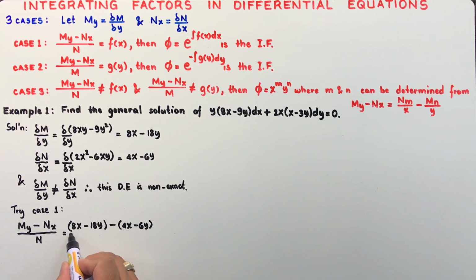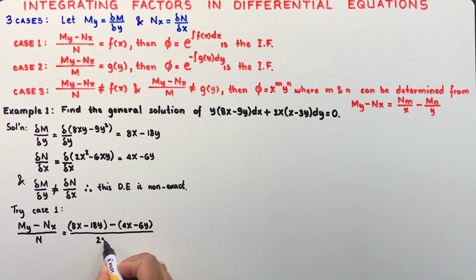And this will be divided by N, which is 2x squared minus 6xy.